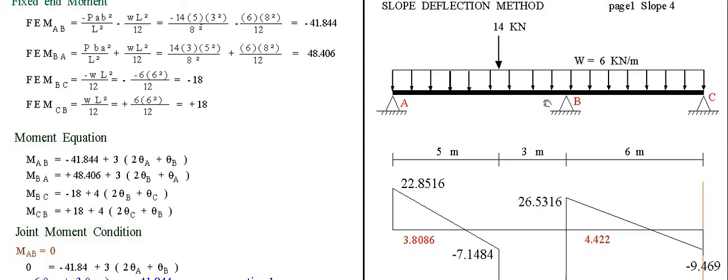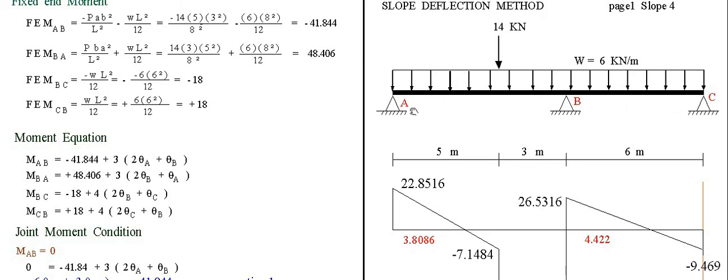of B the moment is positive. Here on the right of B the moment is negative. On the left of C the moment is positive. Again, alternate: minus, plus, minus, plus.